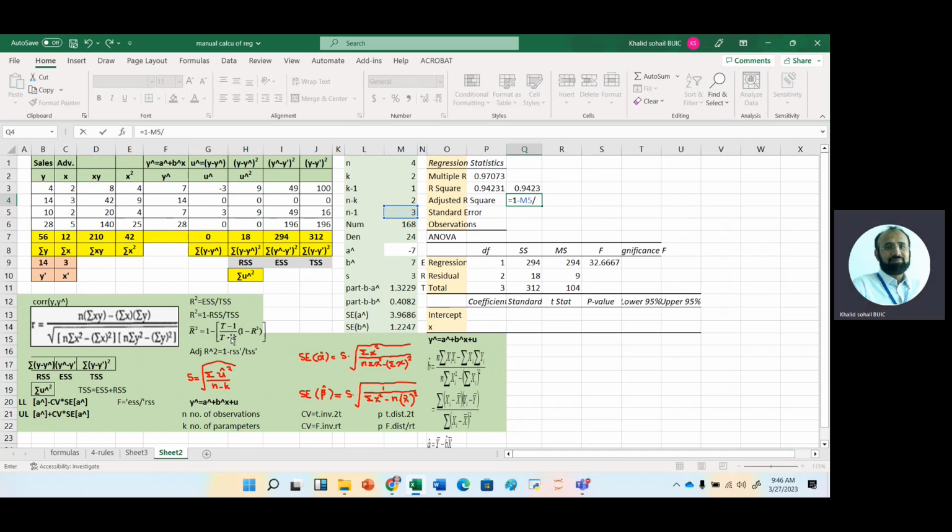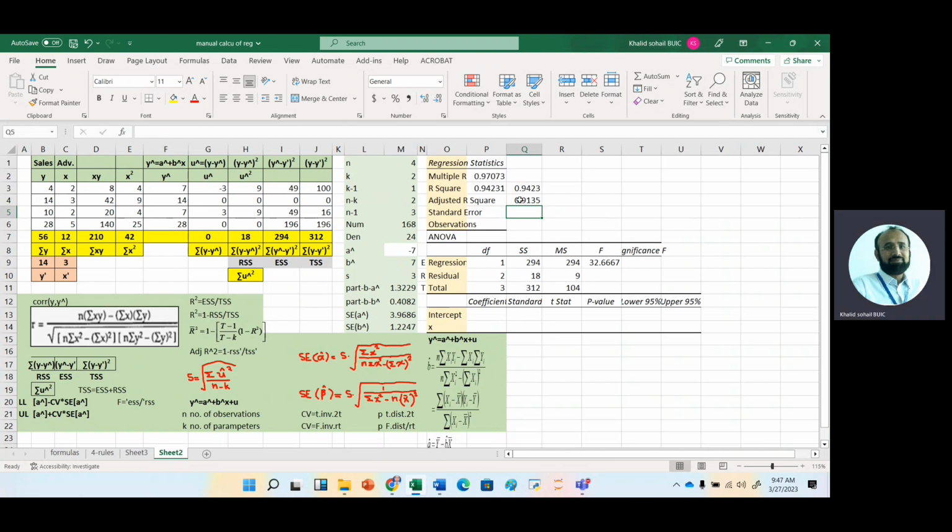Then n minus k, divided by 2, and that is multiplied by 1 minus R square. So this is our R square.